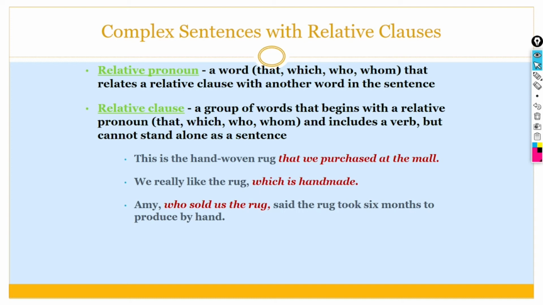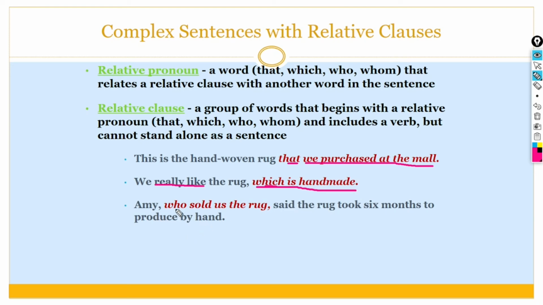Now, I would like to share a few examples. This is a hand-woven rug that we purchased at the mall. Here in this sentence, that is the relative pronoun and that we purchased at the mall is the relative clause. Similarly, we really like the rugs, which are handmade. We really like the rugs is an independent clause, which is the relative pronoun, and which are handmade is the relative clause.